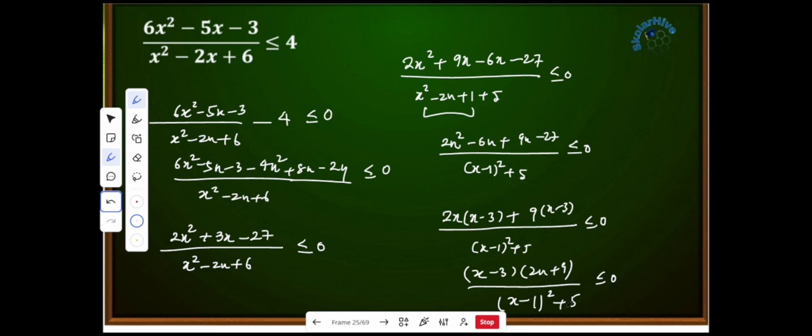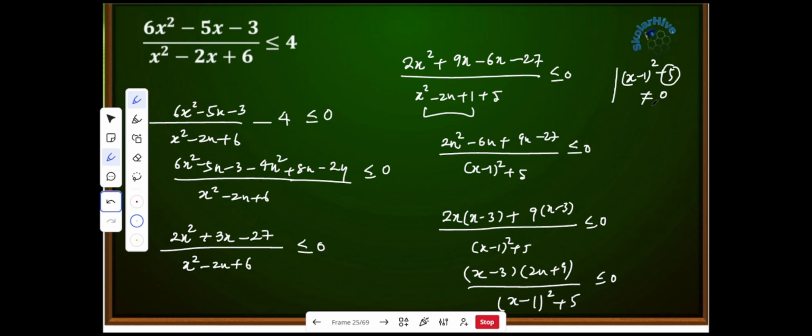Now we are looking for the critical points for the numerator as well as the denominator. The denominator is (x − 1)² + 5. The square of any number is always non-negative, and we are adding a positive number to it, so this won't be 0 for any value of x.